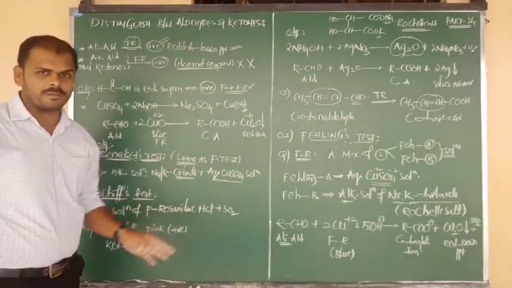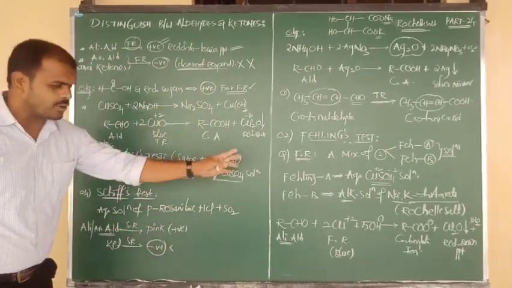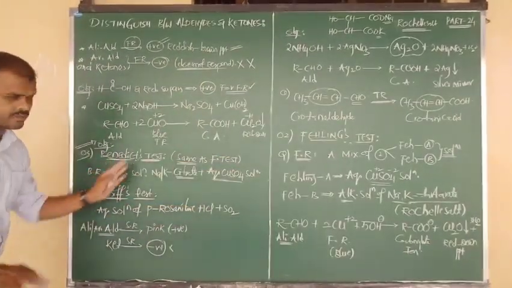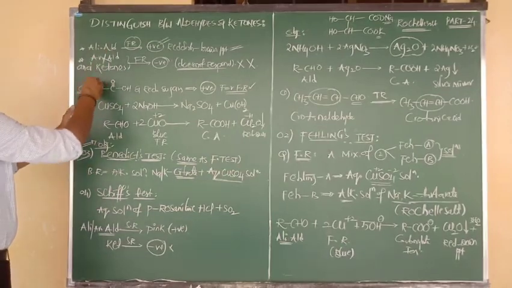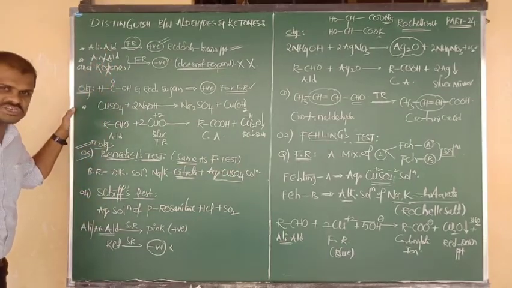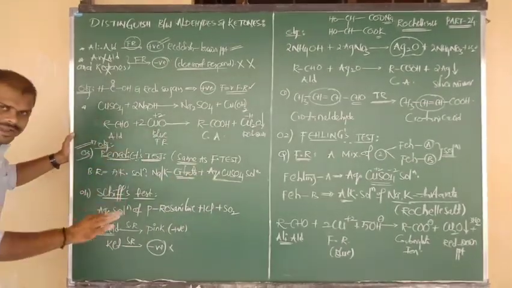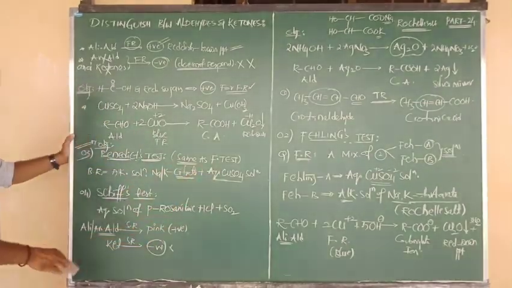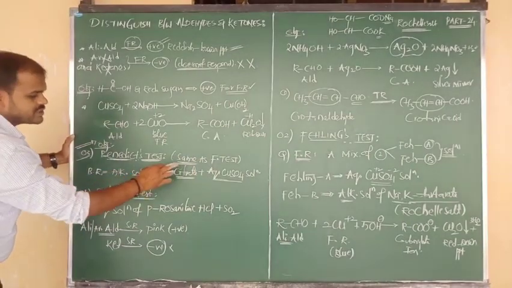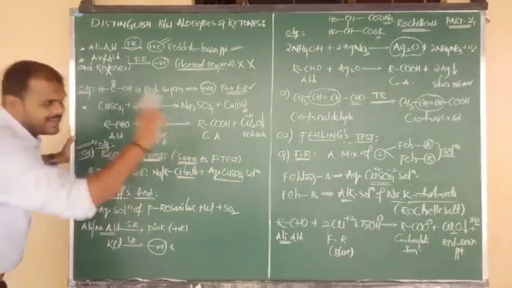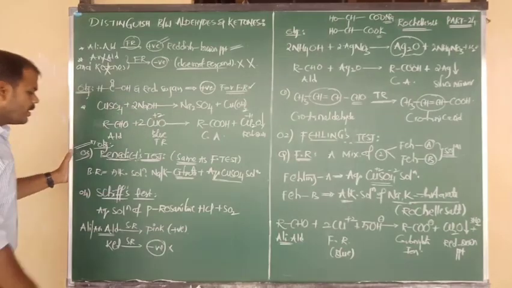They give reddish brown precipitate. But Fehling's and Benedict, both these reactions do not show reaction with aromatic aldehydes and ketones. Everything is same, try to focus on the reagent. What is Benedict reagent? Aqueous copper sulfate and also alkaline solution of sodium potassium citrate. Here is citrate and there is tartarate. That is the difference. Okay, fine.